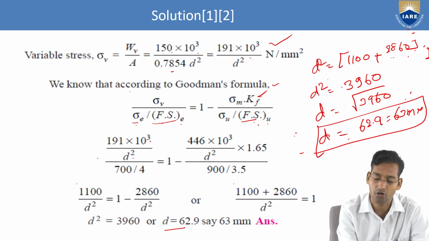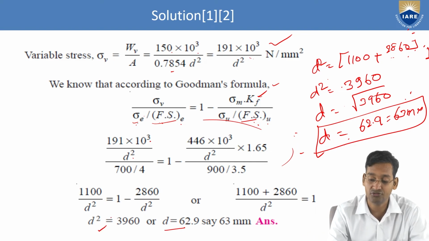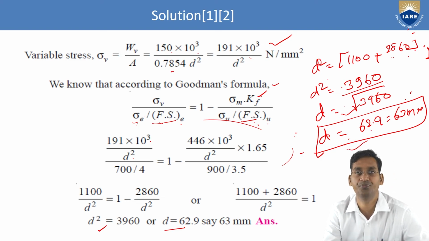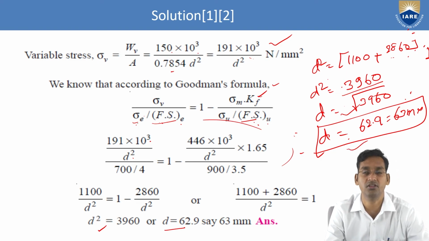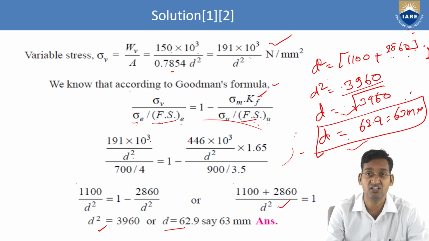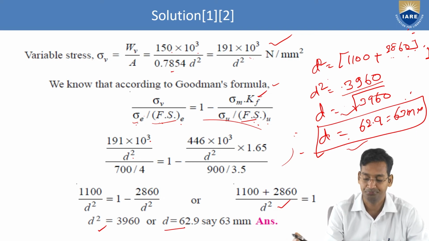Now substitute all the values and simplify. Then you will get d square as 3960. Take the square root of that one. You will get the answer 62.9, or you can say 63 mm. So now by using the concentration factor, we found the diameter of the bar.